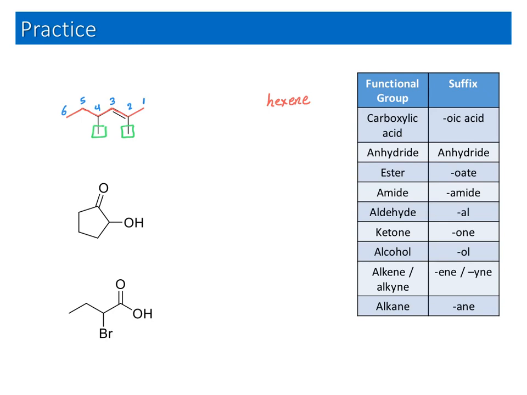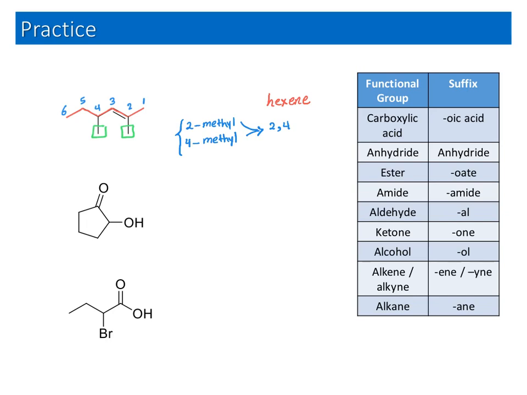So let's write the name of all the substituents. I have a methyl group on carbon 2, so it is 2-methyl. And I have a methyl group on carbon 4, so it is 4-methyl. Since I have the same substituent, I can combine them. So it's going to be 2,4.